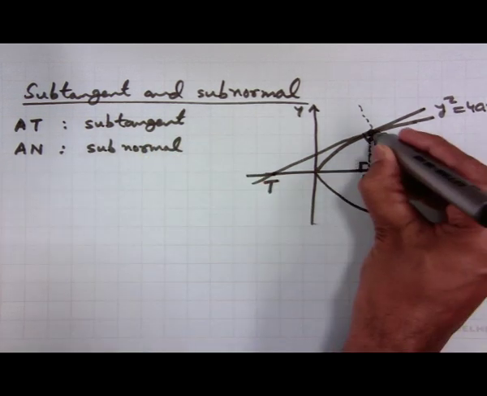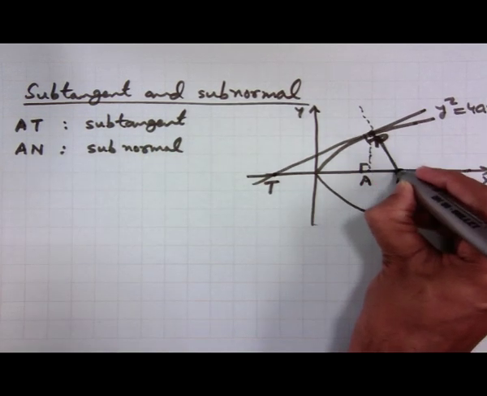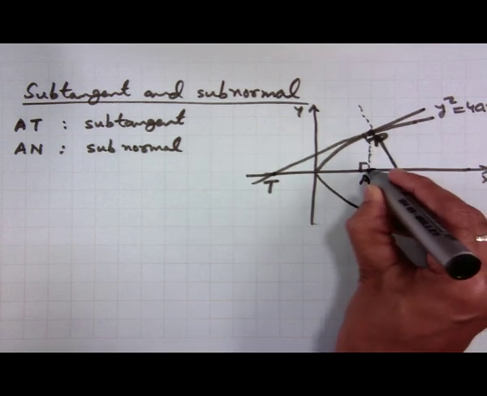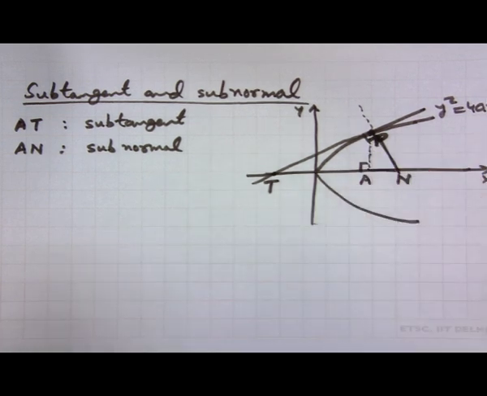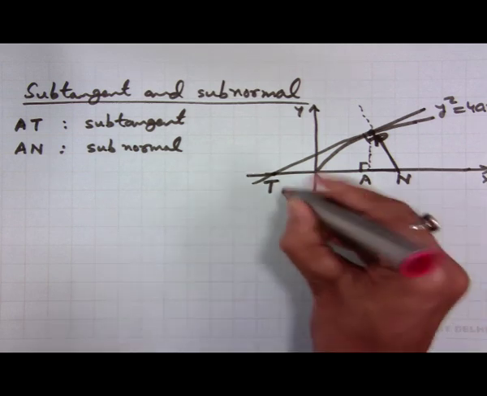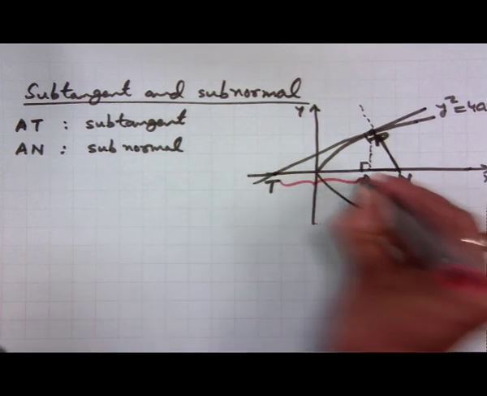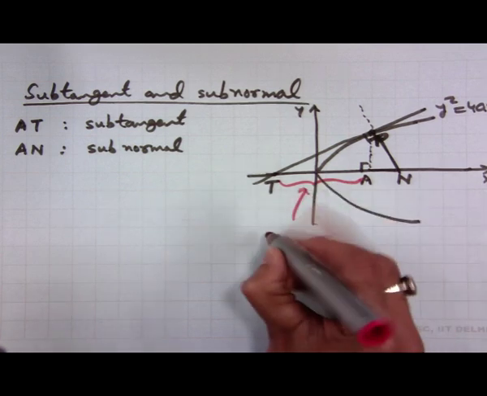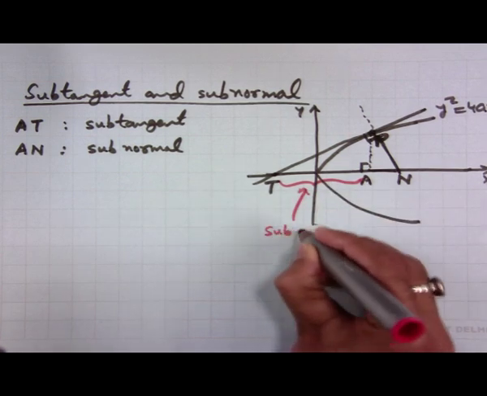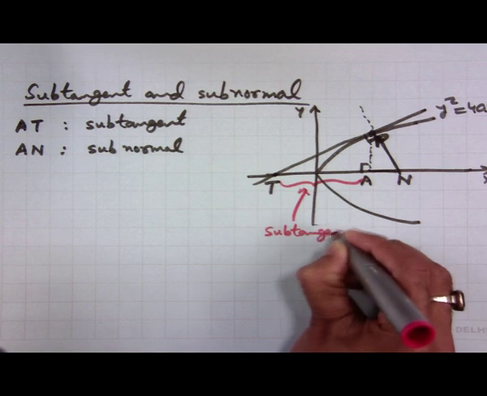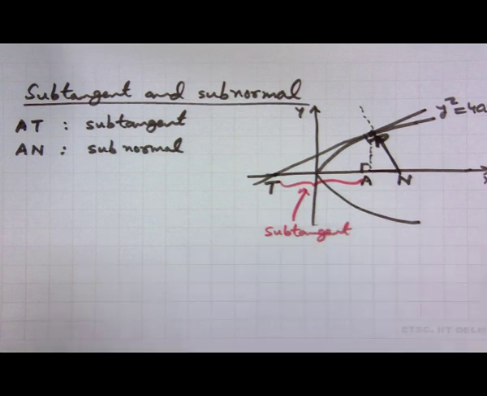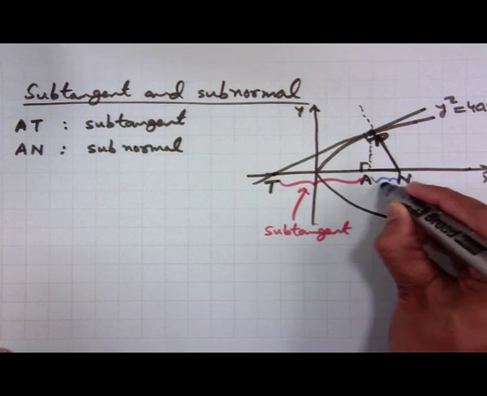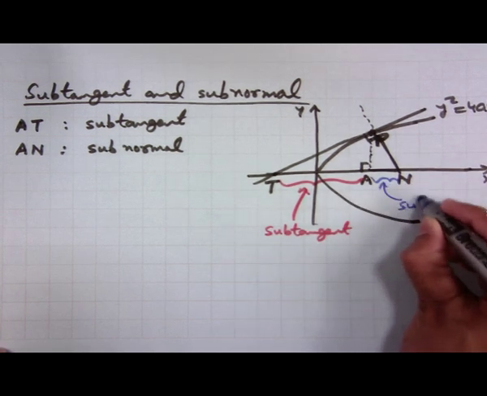This again, if you look at this, PN is the normal and its projection on the x axis is AN. So, this is subtangent, and this one AN is subnormal.